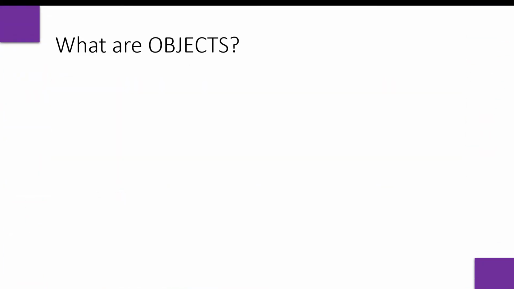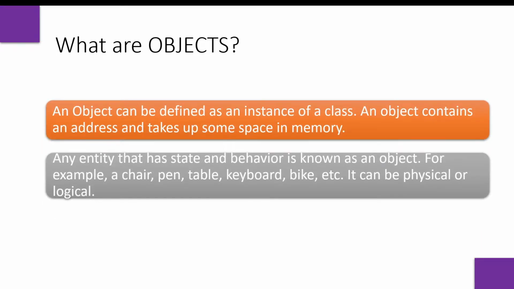Now objects are defined as an instance of a class. Okay, when I say it's an instance of a class, they are real world entity like pen, chair, table, computer, watch, etc. So they are physical entities, and hence they contain an address in my computer, in my memory, and it will take up some space in my memory, right?